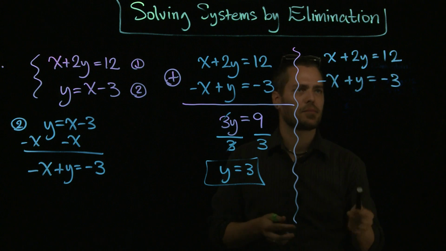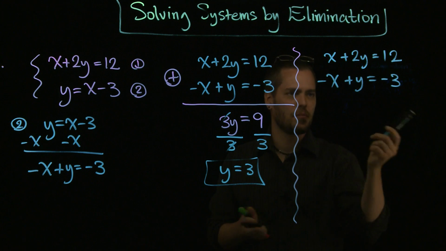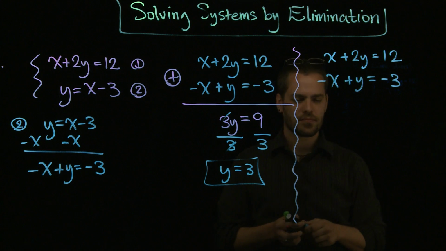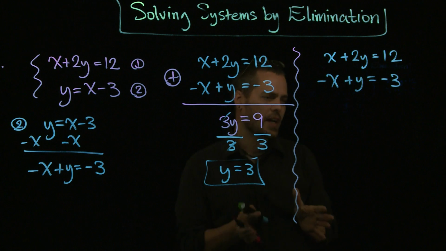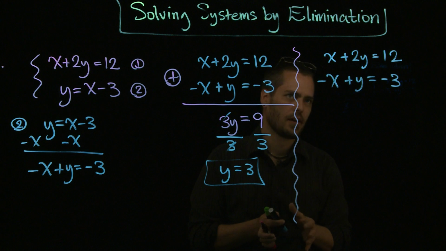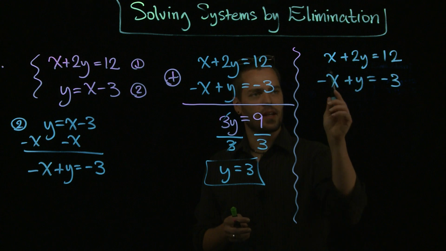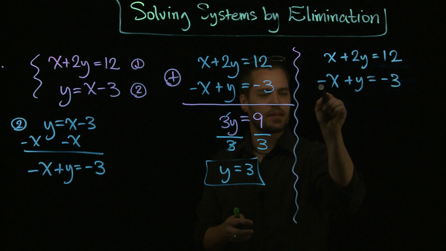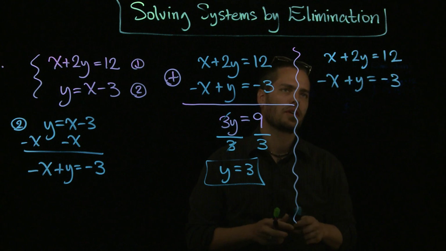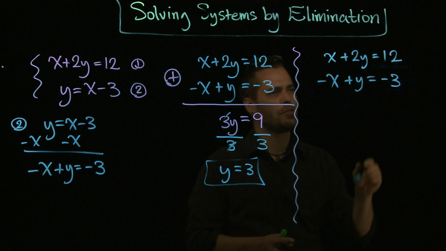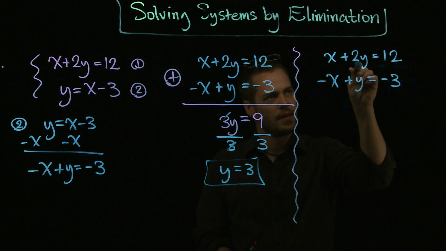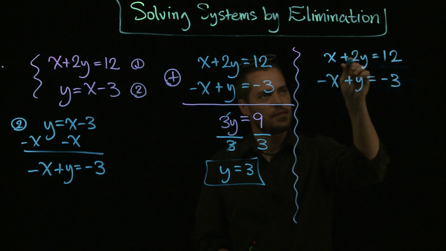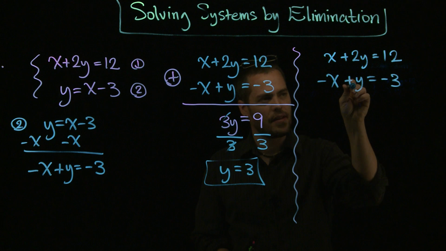But the problem is, right now, if I add these guys up, nothing gets eliminated. So what's going to provide this condition for elimination? We can see that to eliminate, one needs to be positive and the other one needs to be negative. Moreover, the coefficients have to be the same. So if I want y to go away, I've got to have a 2y here and a negative 2y there.